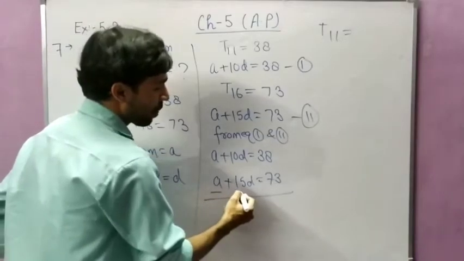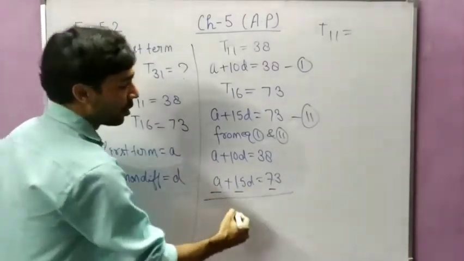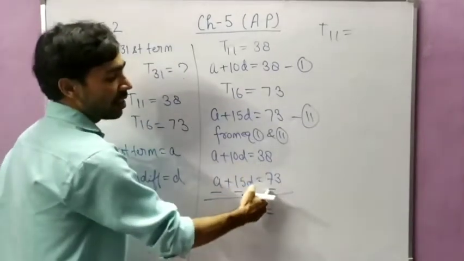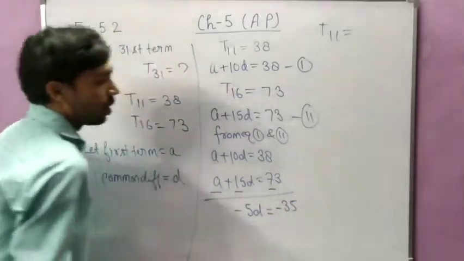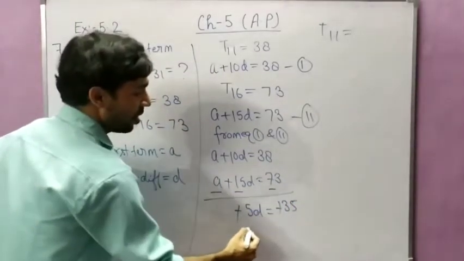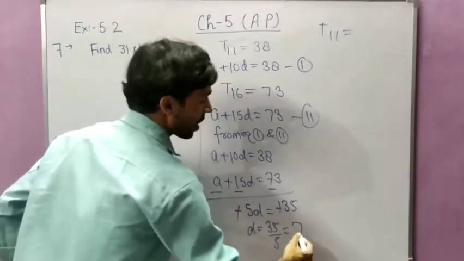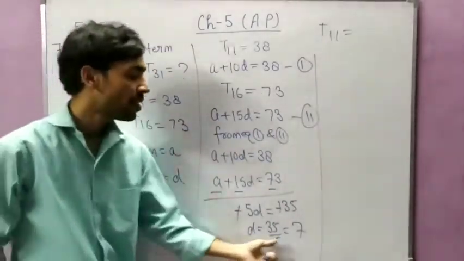So 10 minus 15 gives minus 5D, and 38 minus 73 gives minus 35. Minus minus cancels, so D equals 35 upon 5, which is 7. So the common difference is 7.